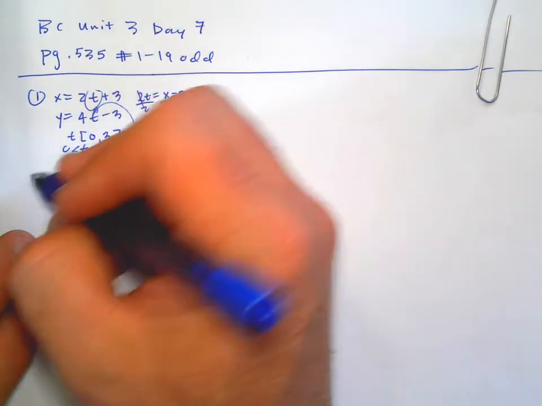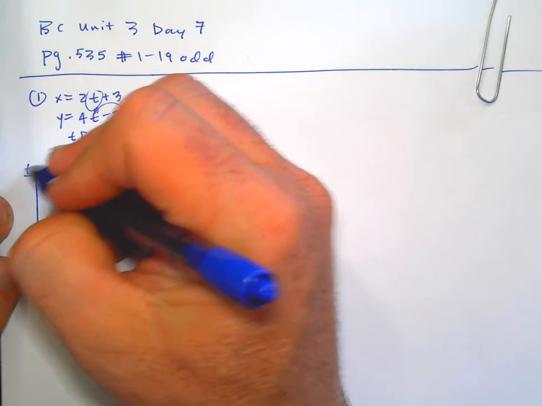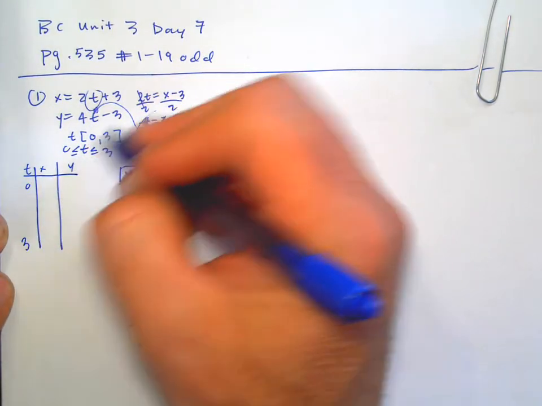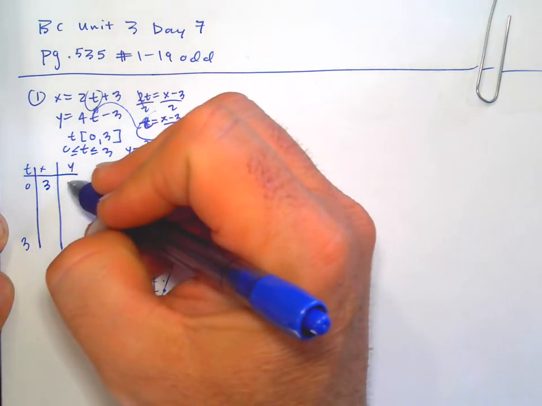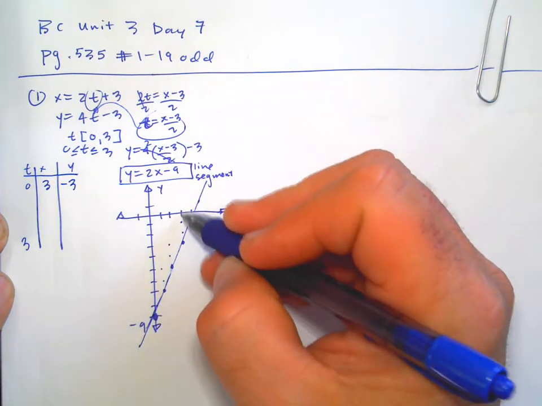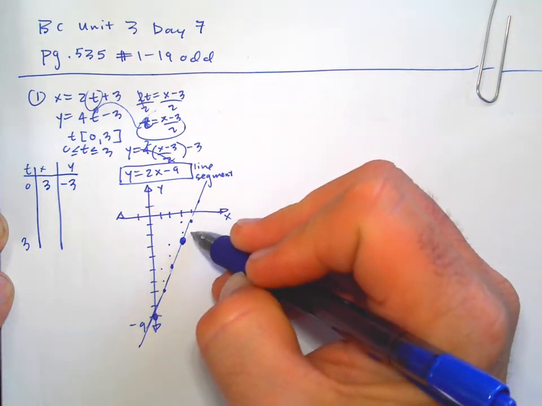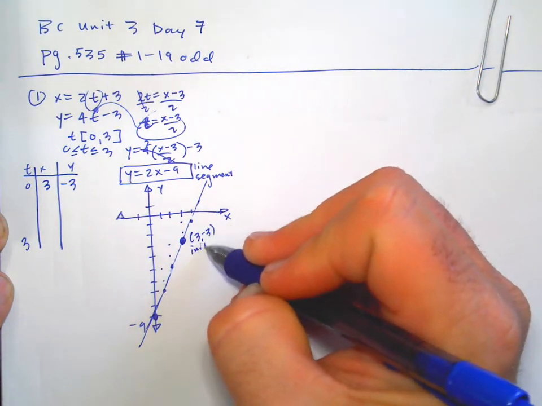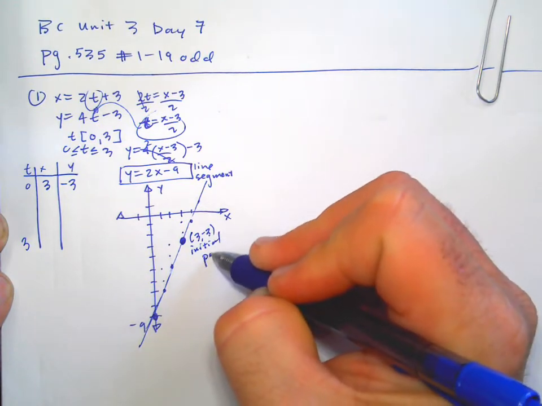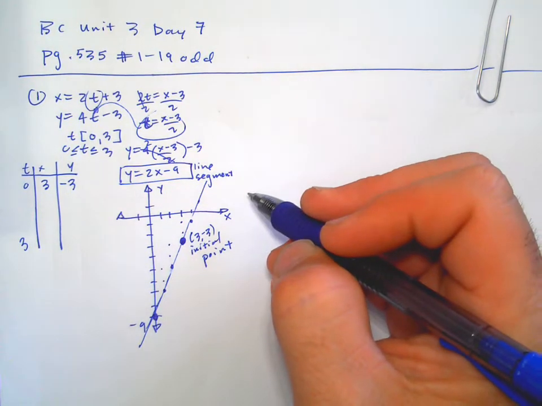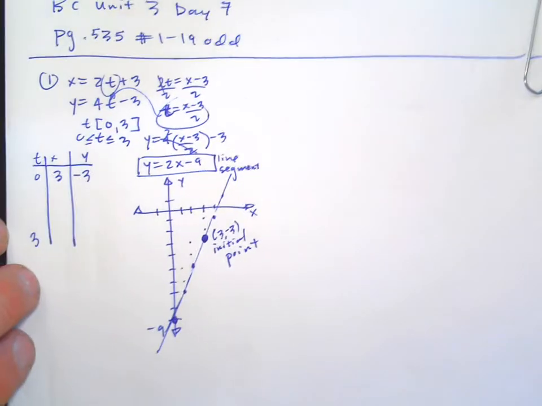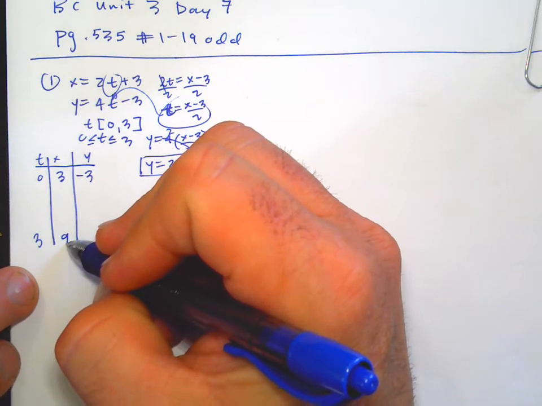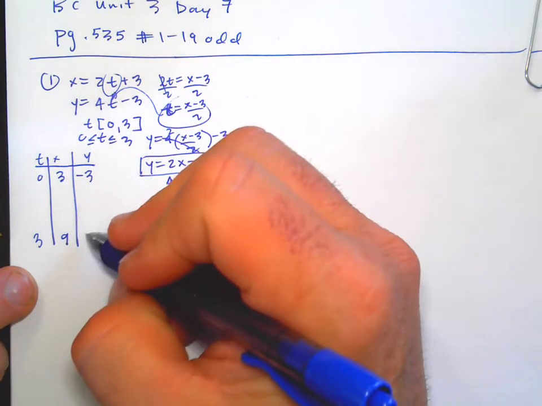So we make a table. At t = 0, that's going to be (3, negative 3). So this is your initial point. And at t = 3, you plug 3 in and you get 9. 12 minus 3, 9, 9.